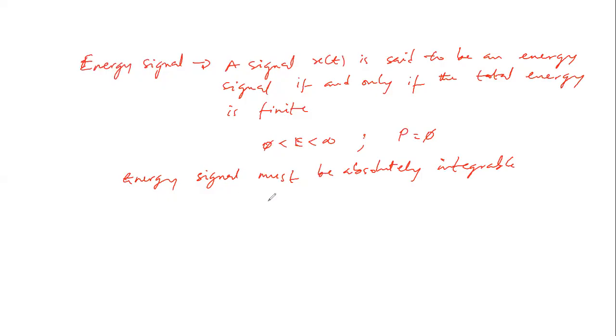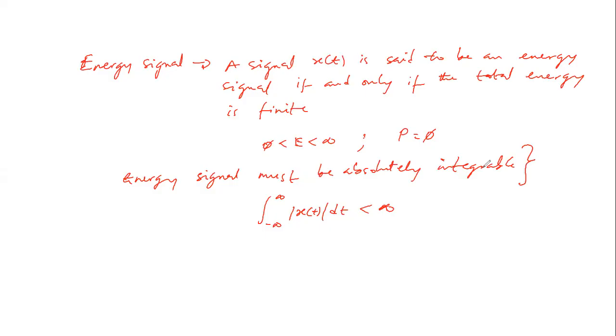That is, taking the integral from negative infinity to positive infinity, the mod of the signal S of t dt must give us a finite value. So it must be less than infinity. And you'll realize that this is also a condition for a signal to have a Fourier transform.